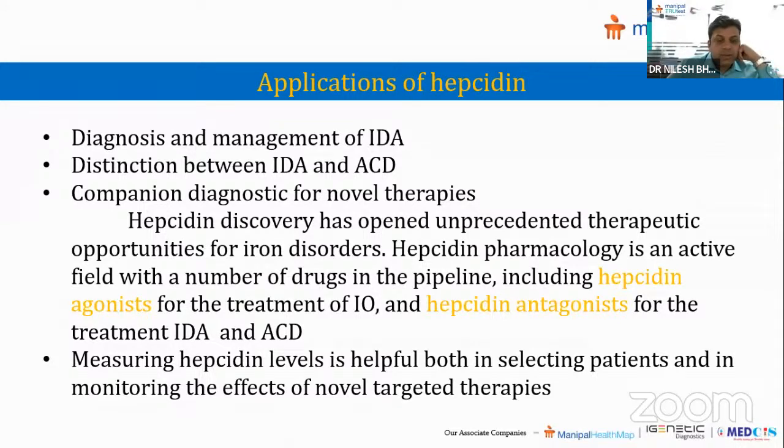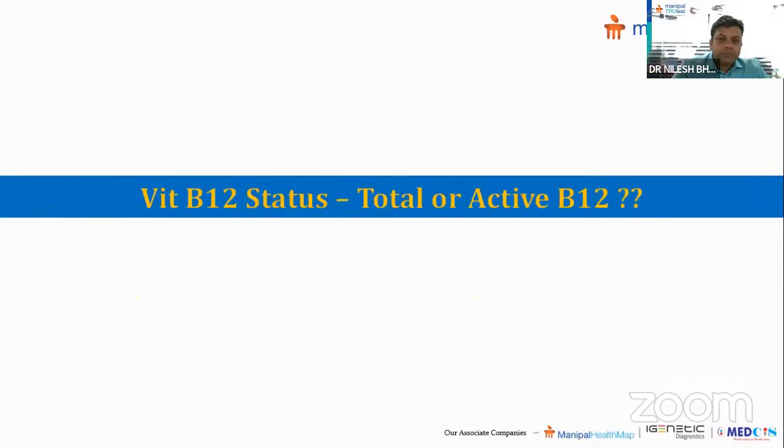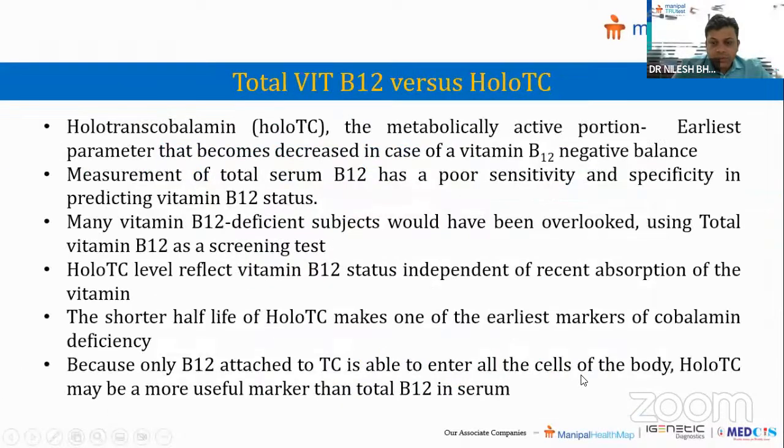So up till now, we have seen the hepcidin level is useful both in diagnosing the patient as well as monitoring the effect of these novel therapies. So once we have gone through this, whenever we want to assess the vitamin B12 status, which is the better test?